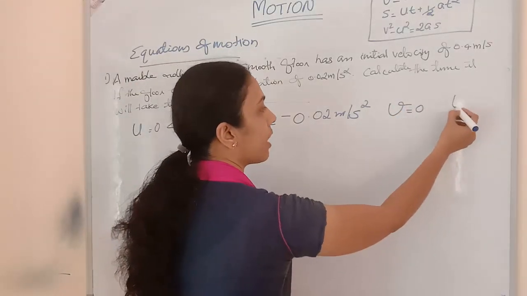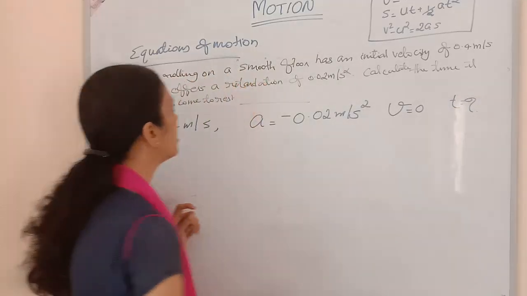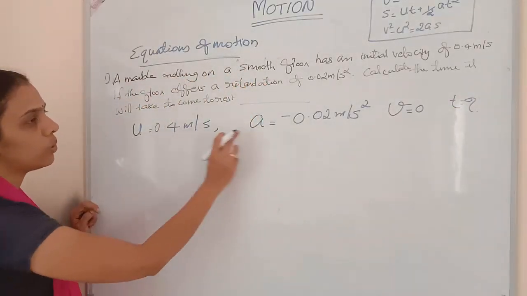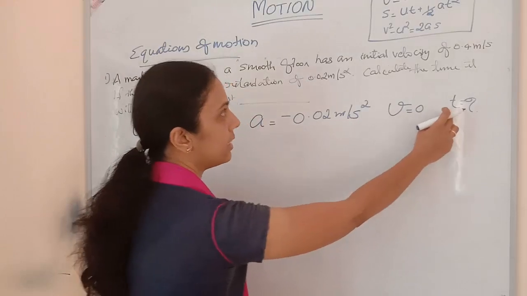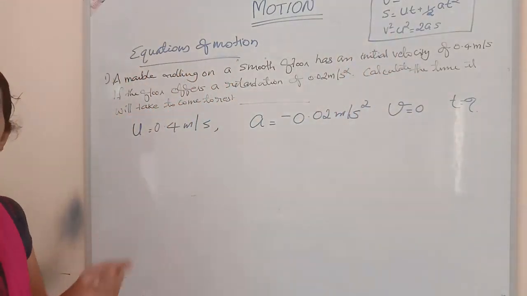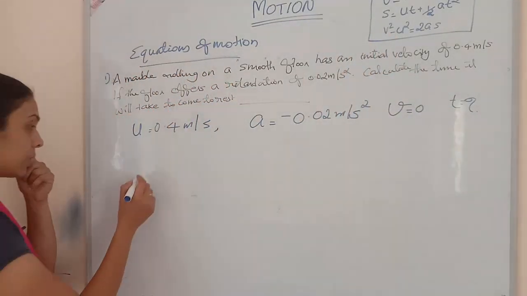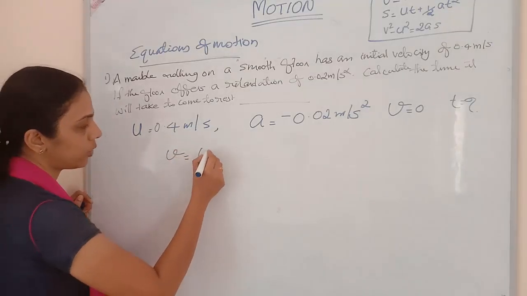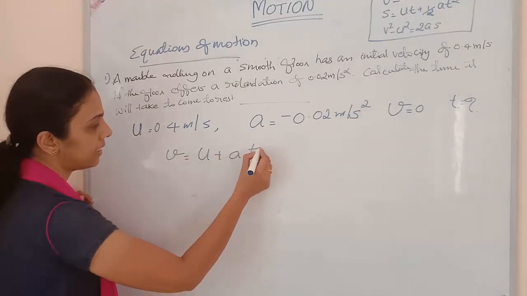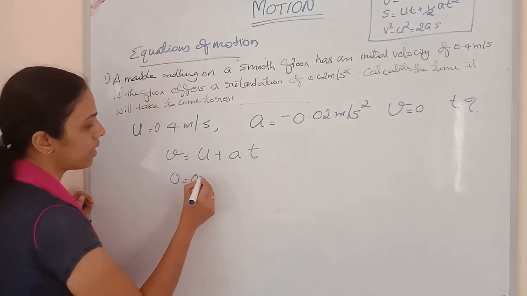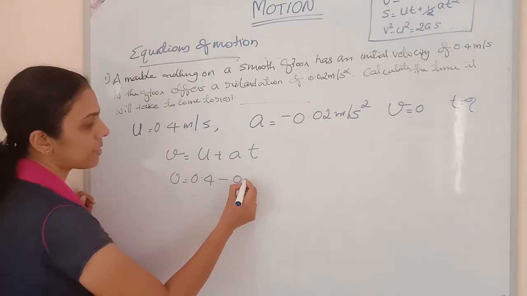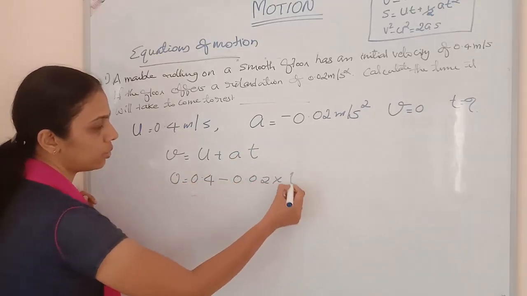What we should find out? Time. So including u, a, v and t, which formula do we know? v equals u plus at. So we can write it as 0 equals 0.4 minus 0.02 into t.